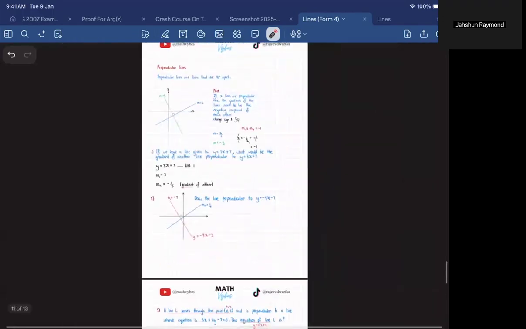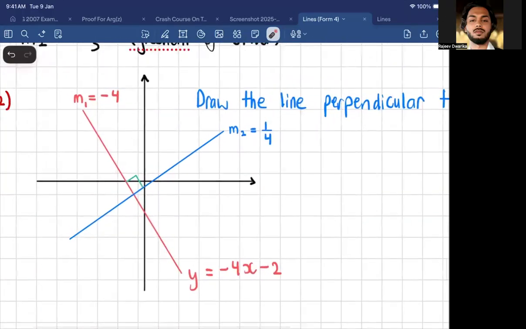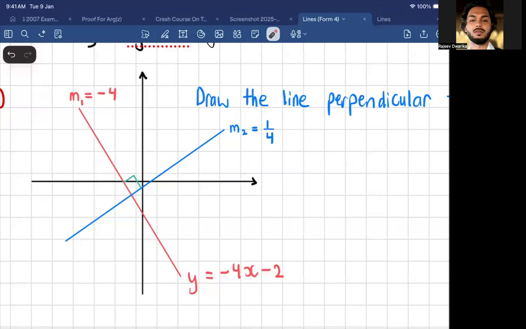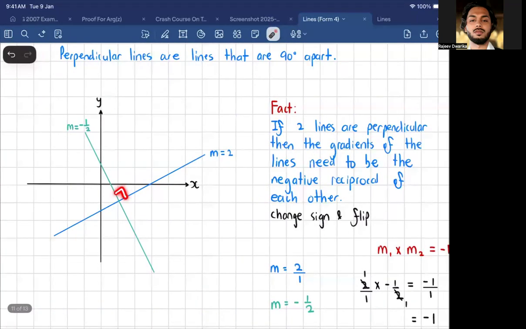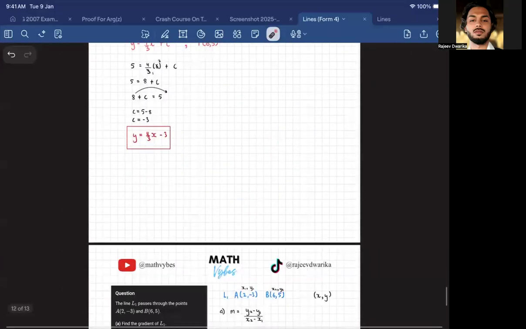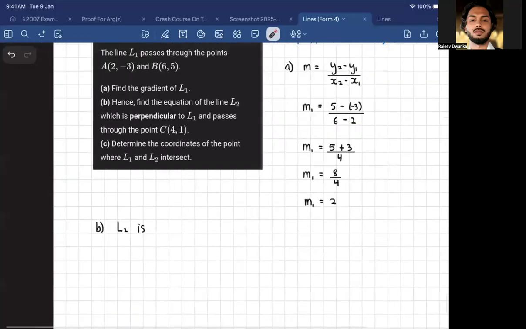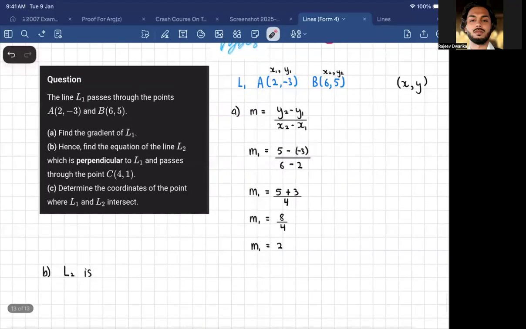Right, so watch. These two lines would be perpendicular because you could see 90 degrees apart. These two lines are perpendicular again, 90 degrees apart. So anytime two lines are perpendicular, the gradients are going to be the negative reciprocal of each other. Unmute and tell me if that sounds like gibberish.